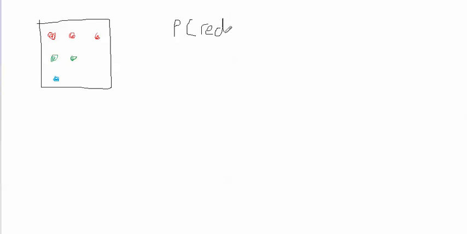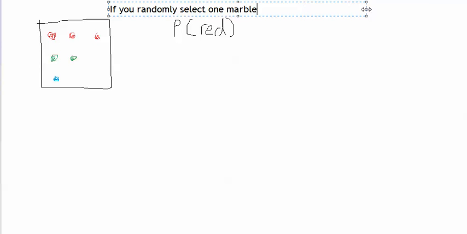equals. So if I said, if you randomly select one marble, what is the probability of each color?